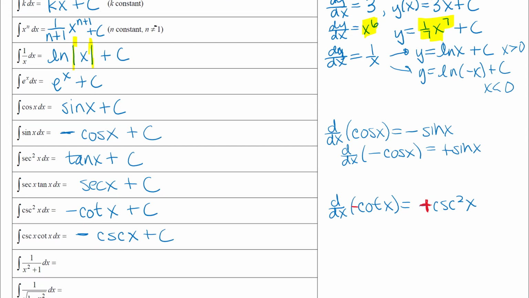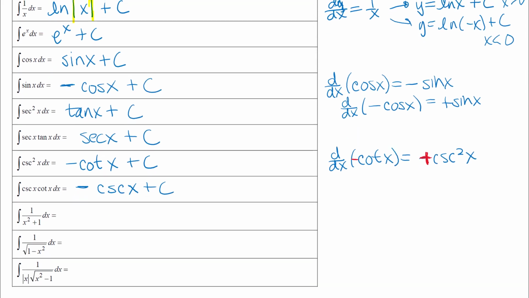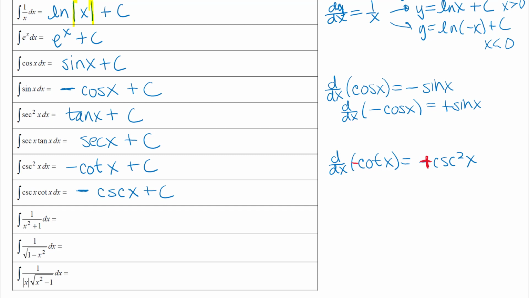All right, we've got a couple more here that should be ones you recognize from earlier in the semester. The function whose derivative is 1 over x squared plus 1, that is inverse tangent of x plus c. Also, you might remember that the derivative of cotangent inverse of x is negative 1 over x squared plus 1.